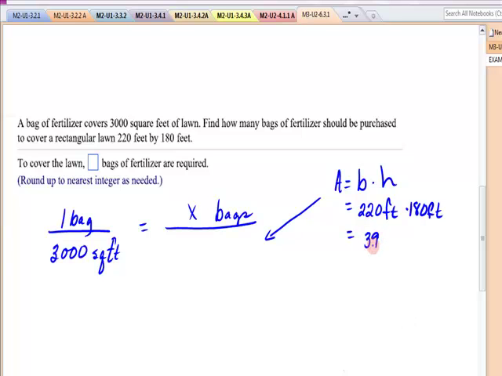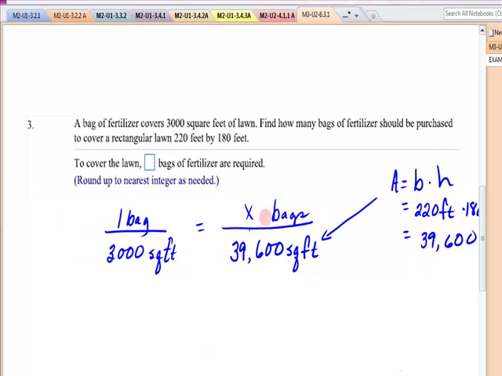This is 39,600. Feet times feet gives me square feet. I had to calculate the square footage. So 39,600 square feet. So in this problem, I was not given the square footage, but I was given enough information to calculate it. So now I can solve my proportion.